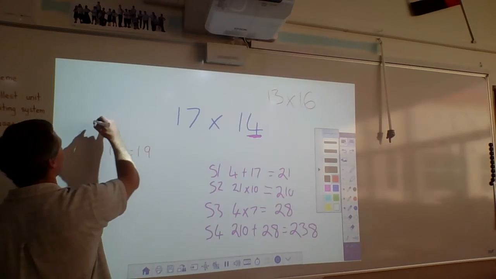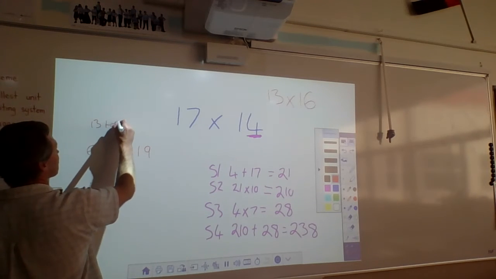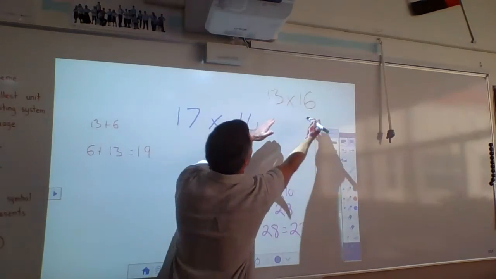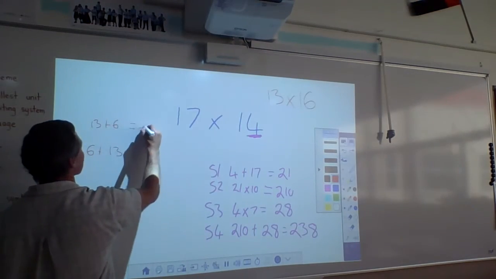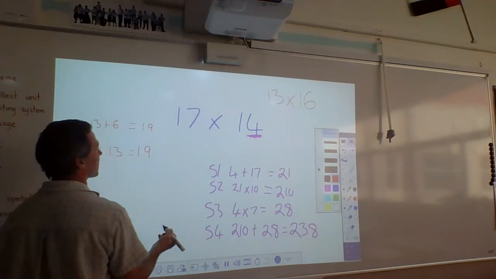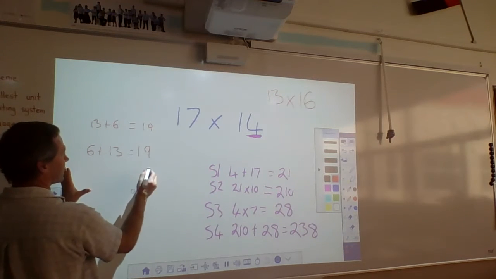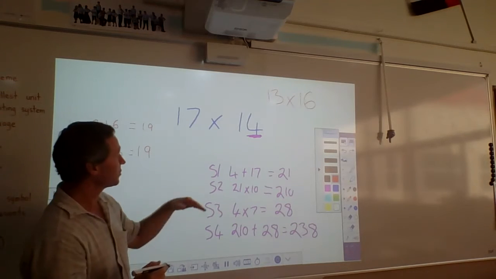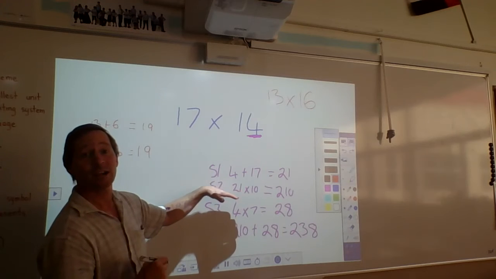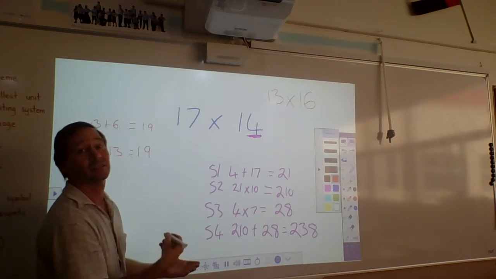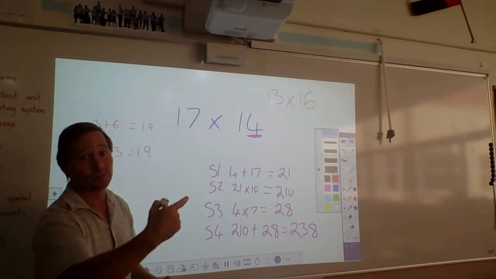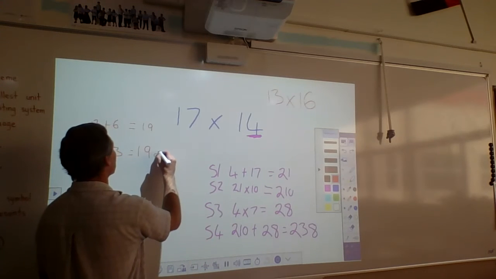Yeah, I might do it the other way. I've done 13 plus 6. So 13 plus the 6 on here, it's going to give me 19. Okay, so at this stage, we're on 19. Step 2, can you remember step 2? I'm going to multiply it by 10, which means, mentally, I just add a 0 on. So it now says 190.